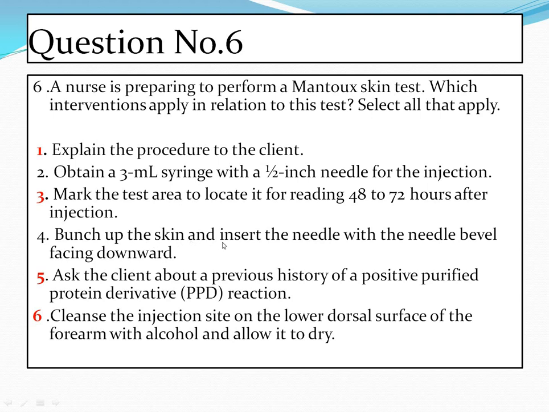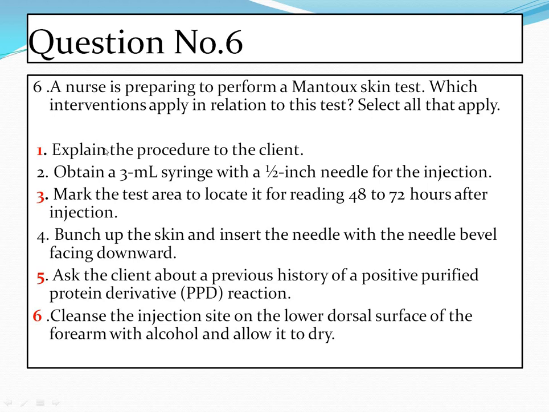Bunch up the skin and insert the needle with the bevel facing downward. Ask the client about previous history of positive purified protein derivative PPD reaction. Cleanse the injection site on the lower dorsal surface of the forearm with alcohol and allow it to dry. These are the options. We have to select all that apply.